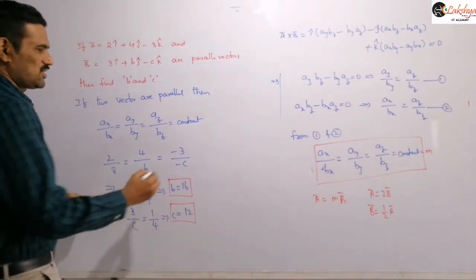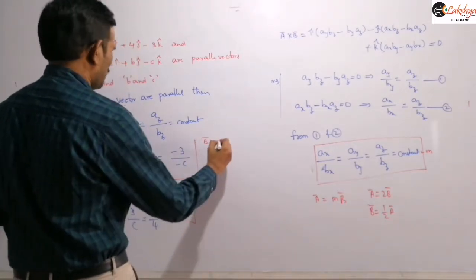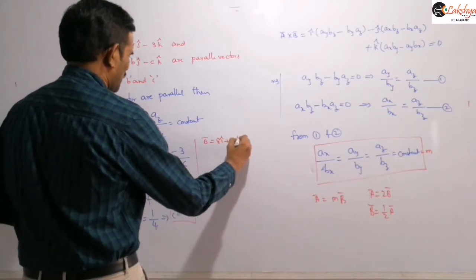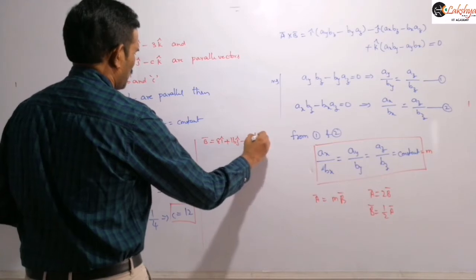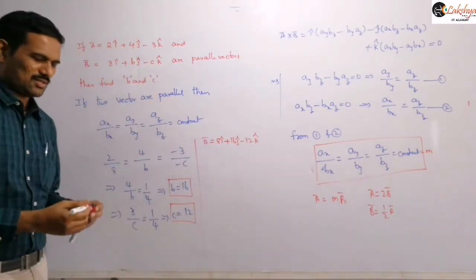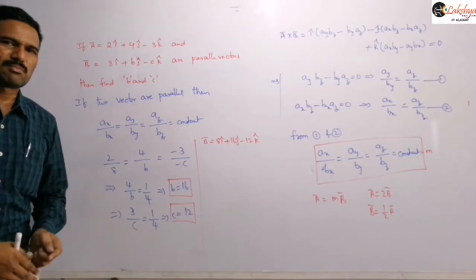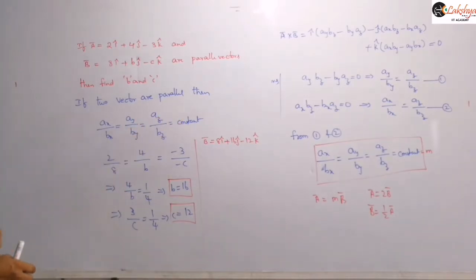Therefore finally that b bar we can express as 8i cap plus 16j cap minus 12k cap. The minus is already given here. If it were given as plus c, for example, then automatically you would get minus 12, and that value is already given here.